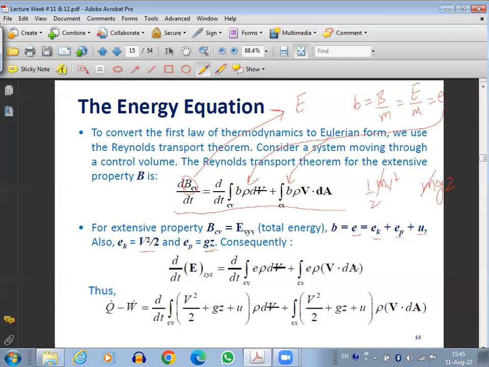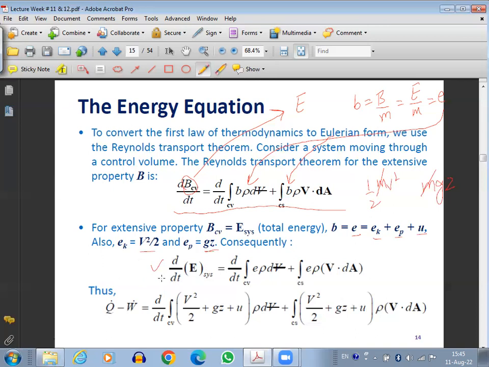So our Reynolds transport theorem, when applied for energy, becomes like this. d by dt of the total energy of the system, that is, the rate of change of total energy of the system, is equal to the change in energy within the control volume plus the change in energy occurring at the control surface, which is surrounding the control volume.